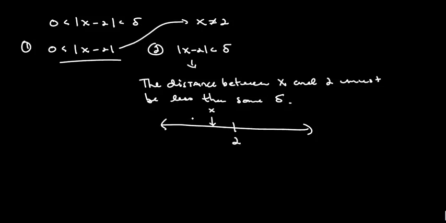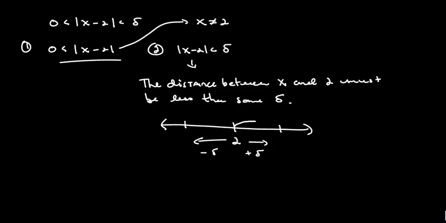Let's say delta is here. Actually, I shouldn't say delta, that's not actually delta. Delta is the distance over. So the distance between x and 2 must be less than some delta. So if we subtract delta and we add delta, let me erase this so we have a little bit more room.